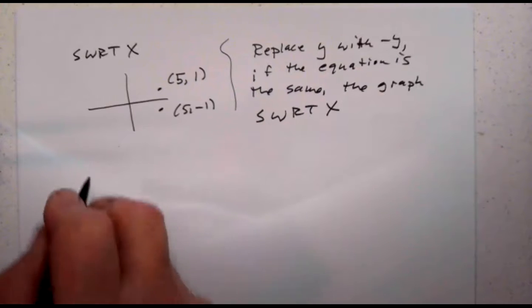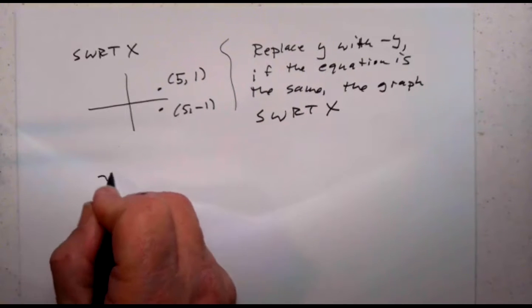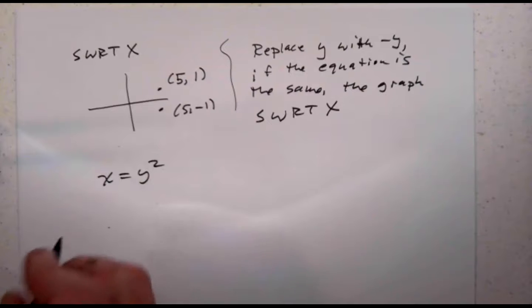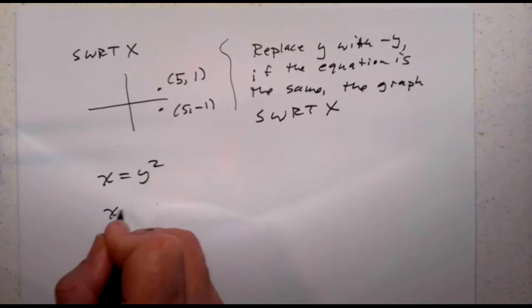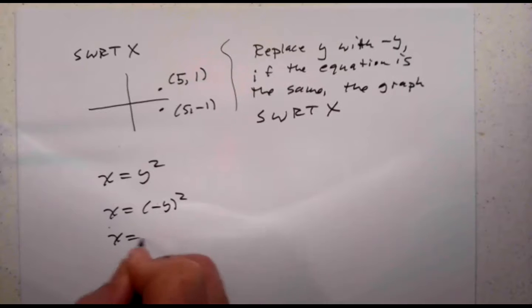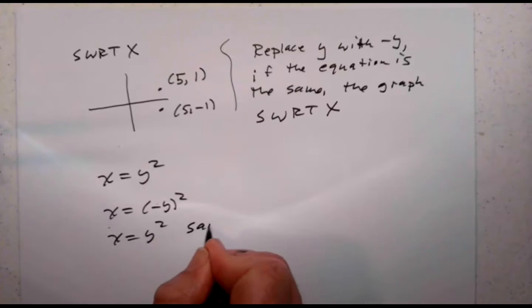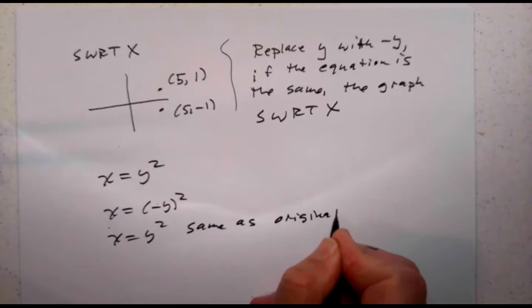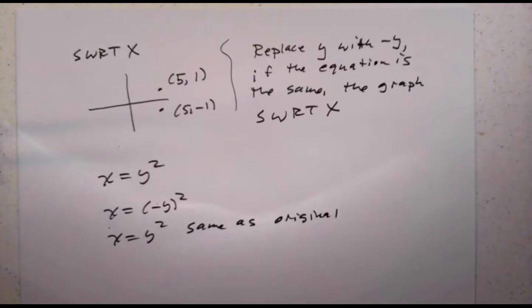So an example of that would be something like x equals y squared. If I replace y with negative y, what happens? Well, the equation now becomes x equals negative y squared, but negative y times negative y is the same as y squared, so x equals y squared, same as the original. So you can see that.